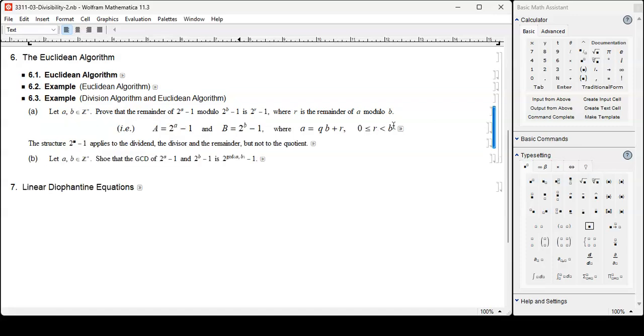Let's assume we know everything about the lower cases. a is the dividend, b is the divisor, so a is some quotient times the divisor plus the remainder. a is qb plus r form, and then the remainder must always follow this inequality, greater than or equal to 0 and strictly less than the divisor.